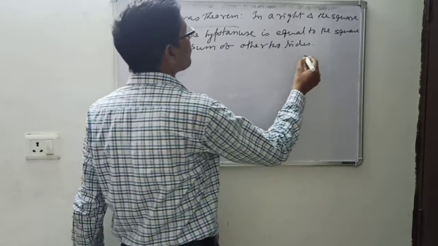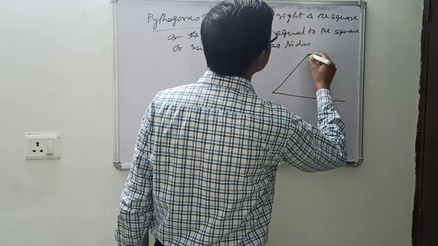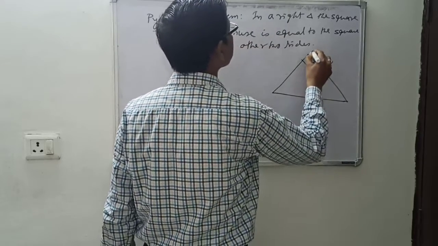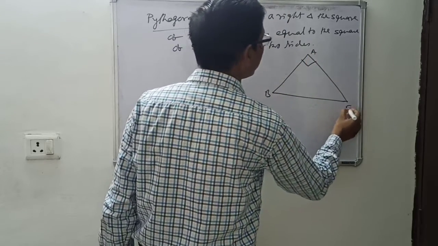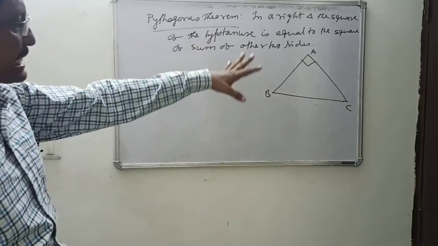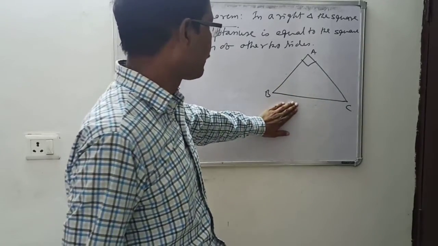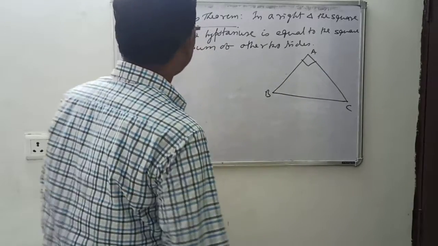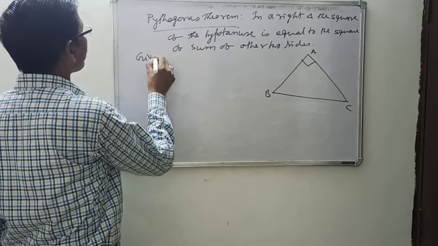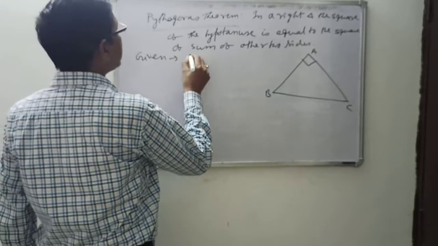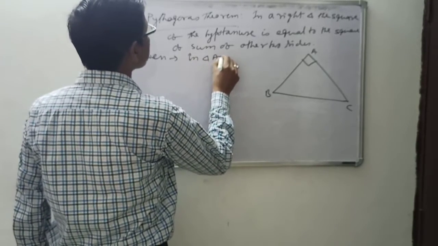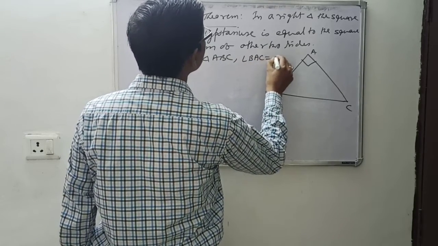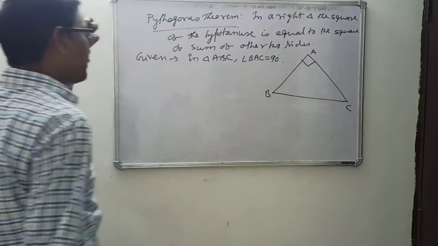Suppose you have a triangle ABC, in any form you can take, but one angle should be 90 degrees. Suppose angle A is 90 degrees. Since A is 90 degrees, BC is the hypotenuse, its opposite side. So given: in triangle ABC, angle A is 90 degrees, or BAC equals 90 degrees.